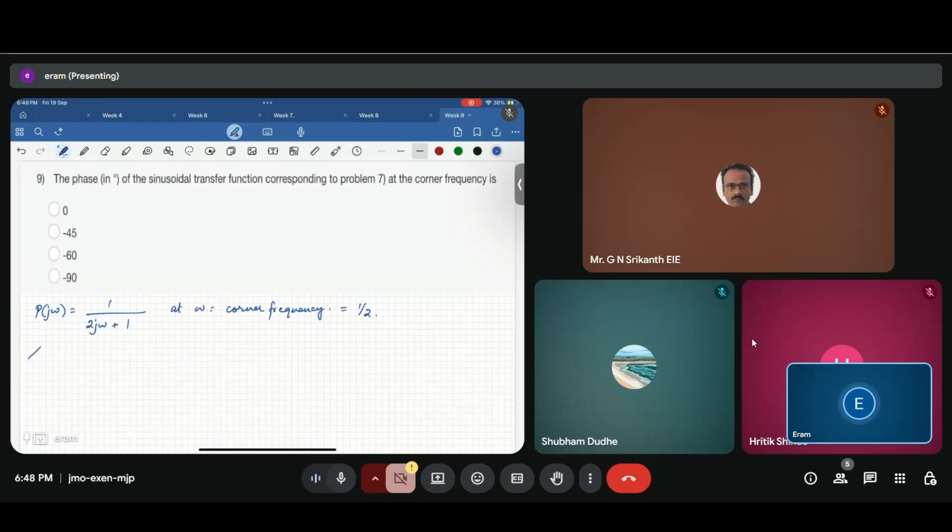For a transfer function, the phase is the phase of the numerator minus the phase of the denominator. The numerator is just a positive real constant, so its phase is 0, minus the phase of the denominator, which is tan inverse of the imaginary part 2 omega by 1, and omega is 1 by 2, so it is minus tan inverse of 1, and tan inverse of 1 is 45 degrees, so it is minus 45 degrees. The phase at the corner frequency is minus 45 degrees.